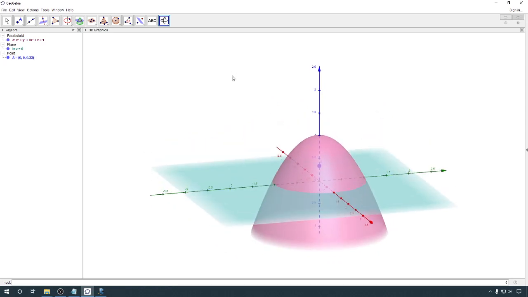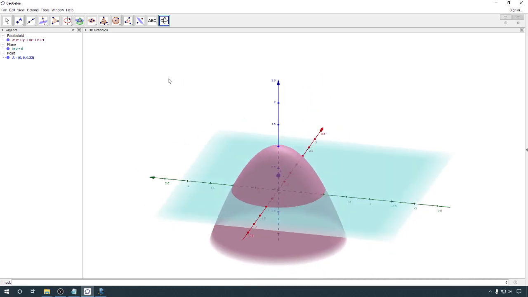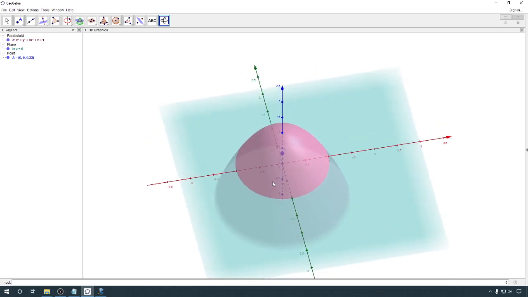Now, the reason why the moments around the YZ plane and the XZ plane weren't really surprising when they came out to be 0, is because this is already nicely symmetrical. We would expect that our center of mass would be on the z-axis, because everything should be symmetric around the z-axis.